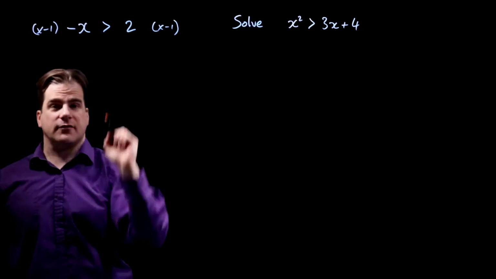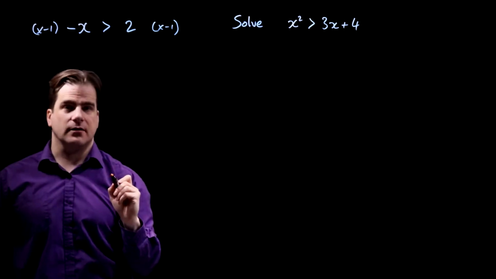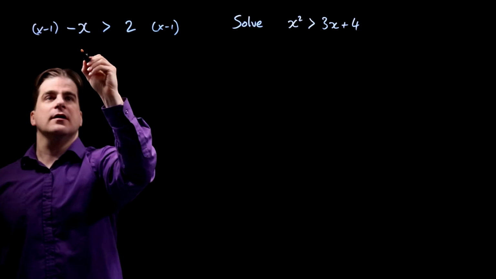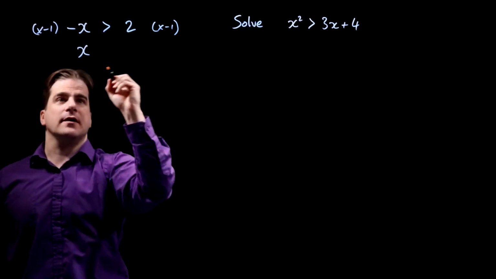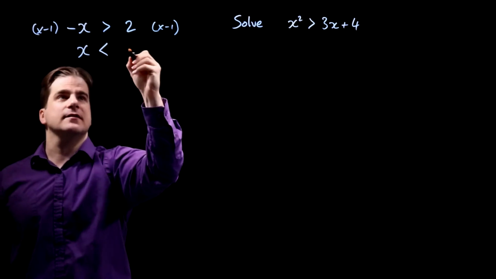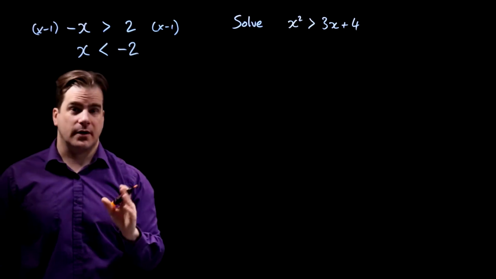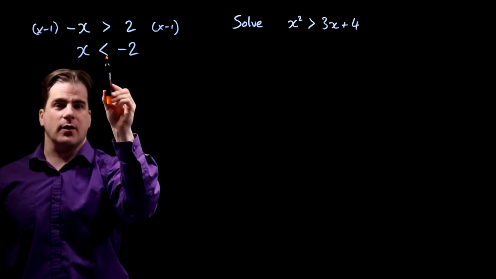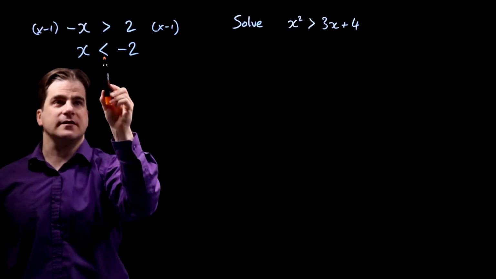Whenever you do that, you have to flip the inequality sign. So if minus x is greater than 2, then multiply both sides by minus 1, we get x is less than minus 2.